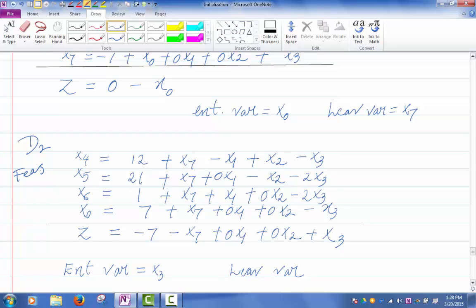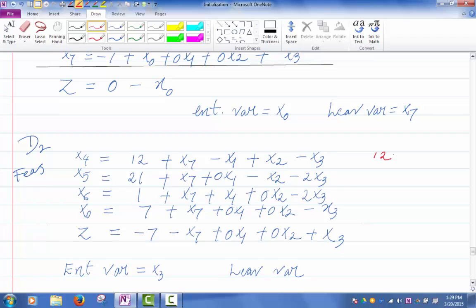Now ask yourself, from the first row, how large can you pick x3 without making x4 negative? What's the largest value of x3 you can pick without making x4 negative? 12. To go to the second row, what's the largest value of x3 you can pick without making x5 negative?